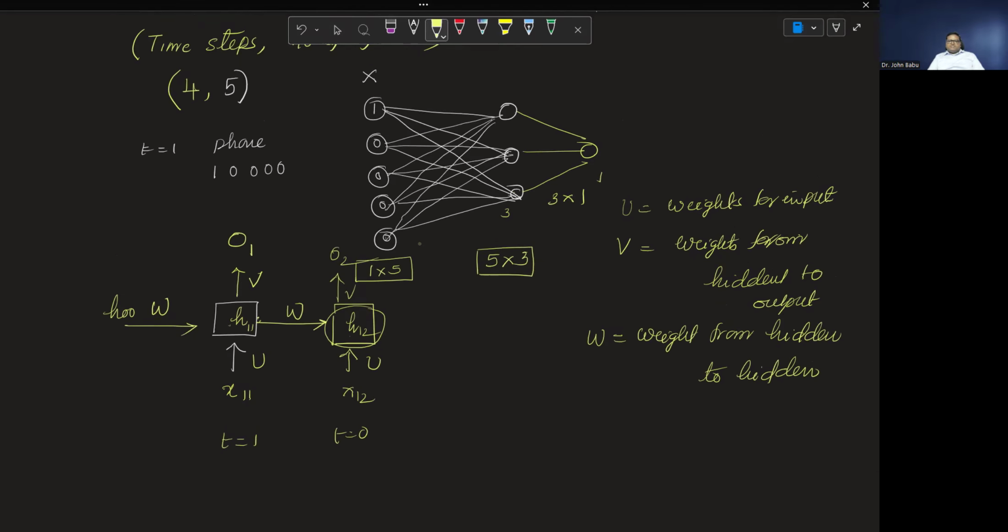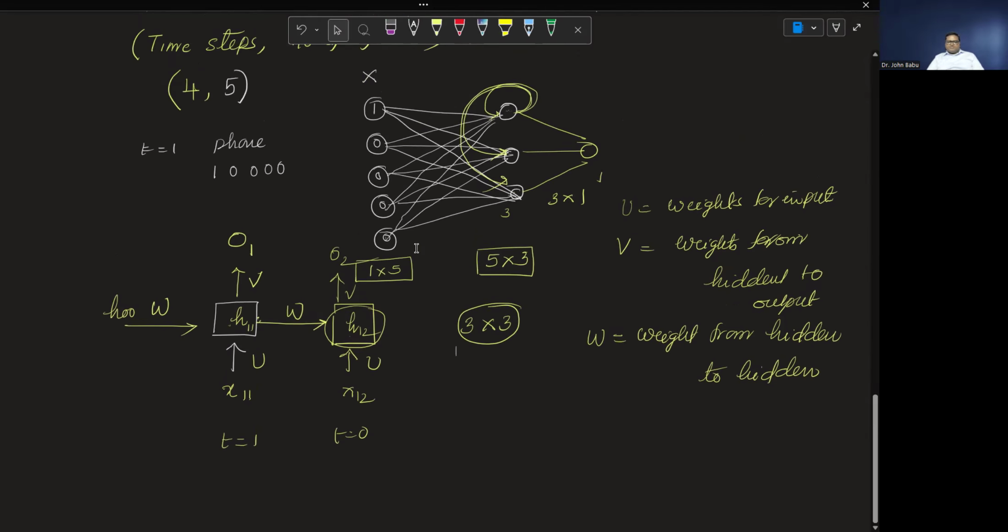That means this output, whatever it is, will give feedback to this, the same again. And the same will give feedback to this. The same will give feedback to this. So there's only three, and each one is giving to three. So it is 3 cross 3.